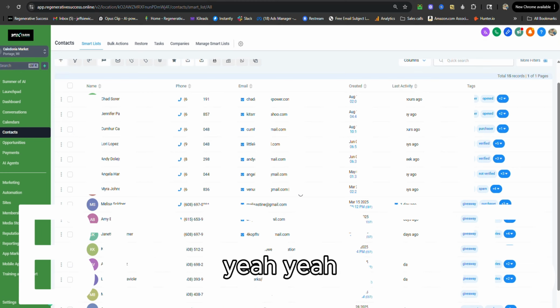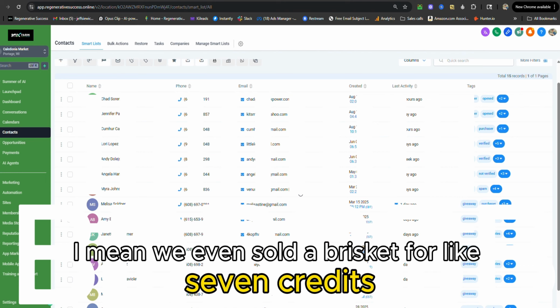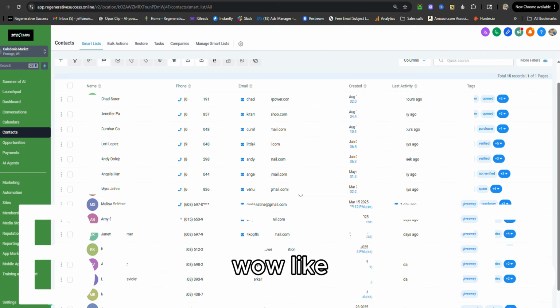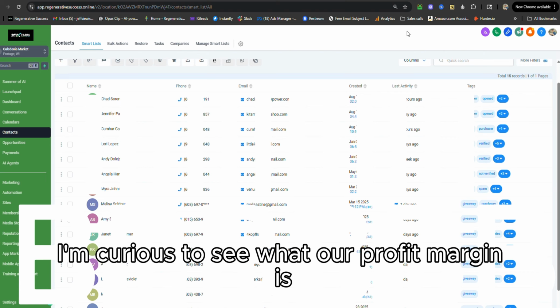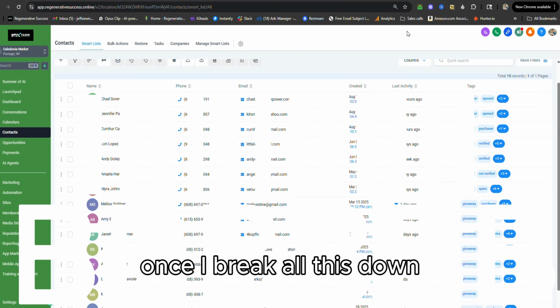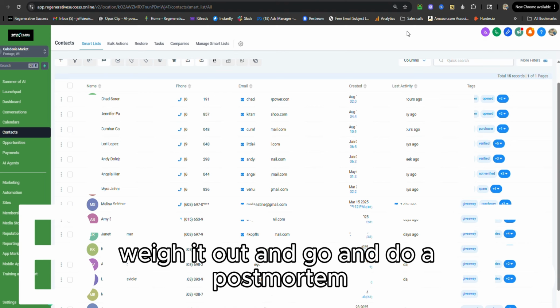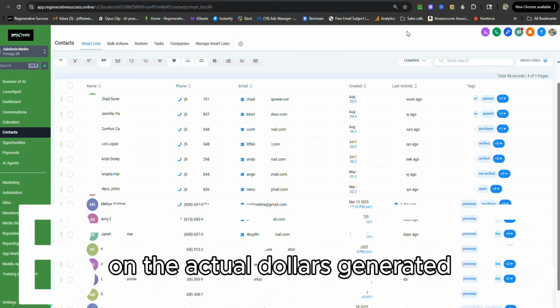We even sold a brisket for 7 credits. Wow. I'm curious to see what our profit margin is once I break all this down, weigh it out, and do a post-mortem on the actual dollars generated.